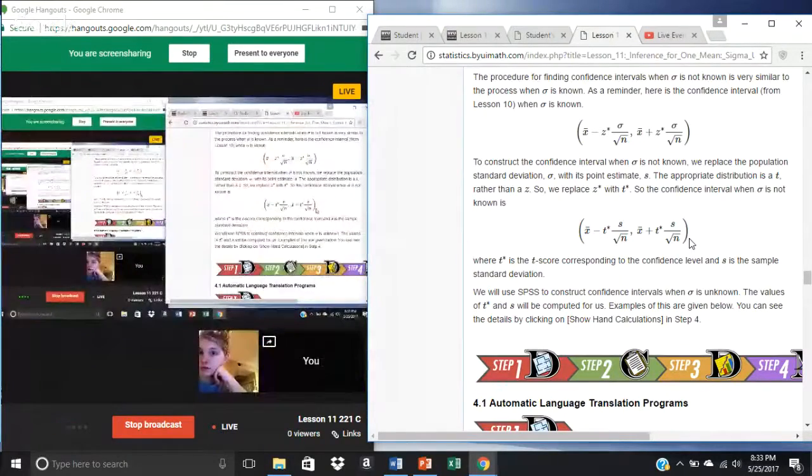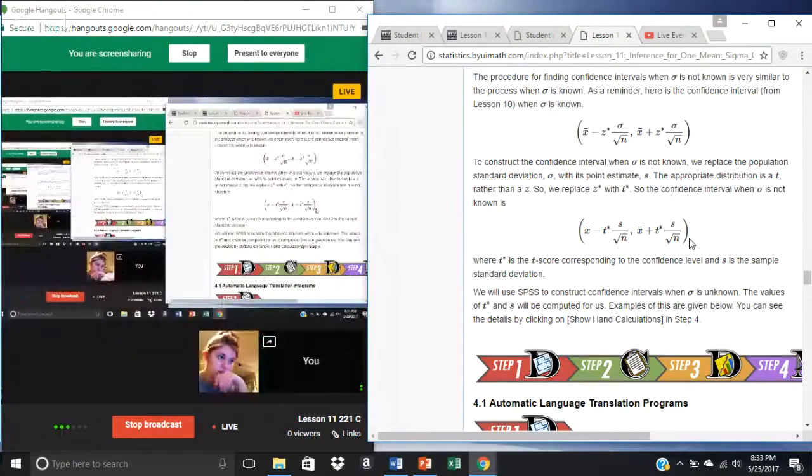It's really not, because you already have your t-square computed, and you already computed the other portion, the s over square root of n. So all you have to do is take away the 40, the x, from all of that. It's just type the numbers back into your calculator.